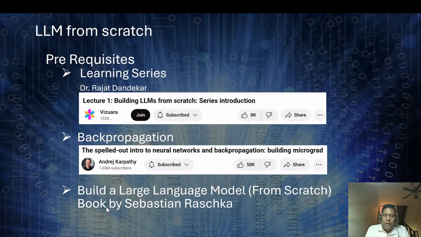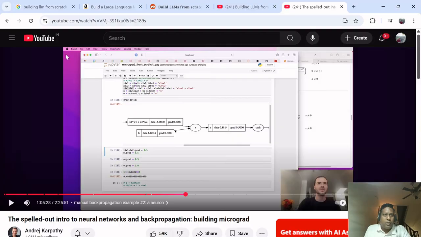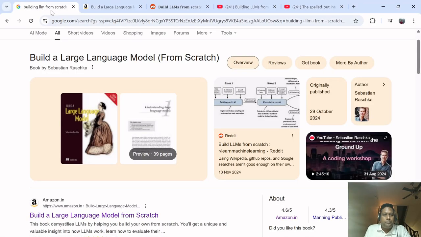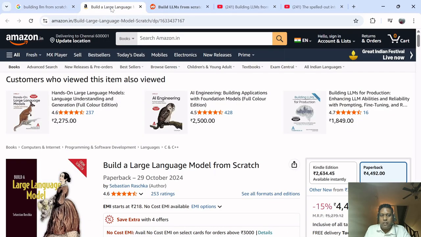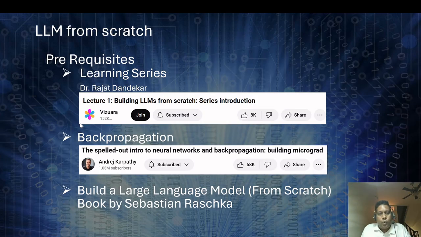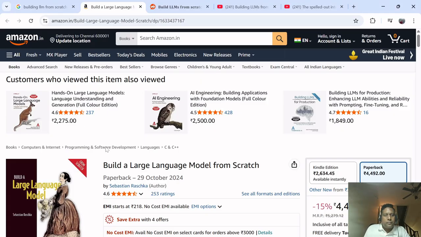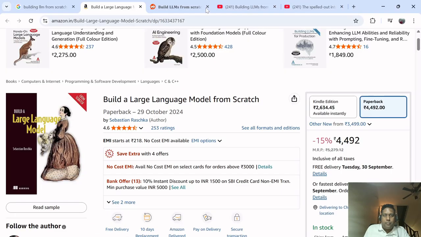The third one I would recommend, if you are especially fond of reading books, is Build a Large Language Model from Scratch by Sebastian Raschka. I think even Dr. Raj had borrowed a lot of the explanations that Dr. Sebastian Raschka has provided, and this is the book.